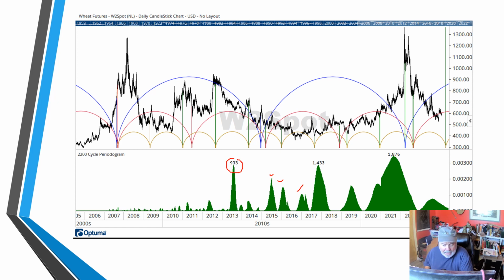So then I go back and I find, decades ago, a significant high or a significant low. And I use the cycles tool that is also part of the Optima program.